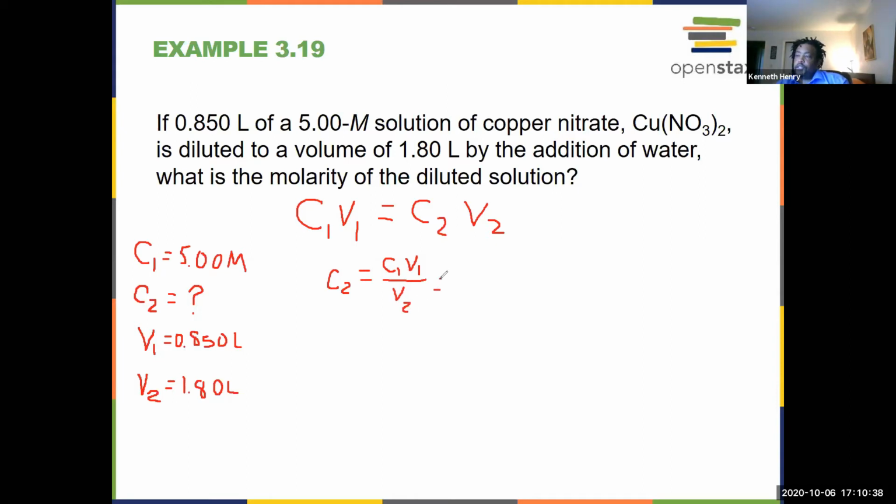Okay, so then let's just plug and chug. So C1 times V1 divided by V2.